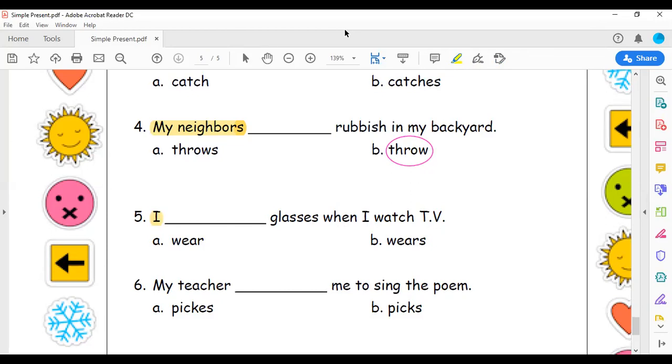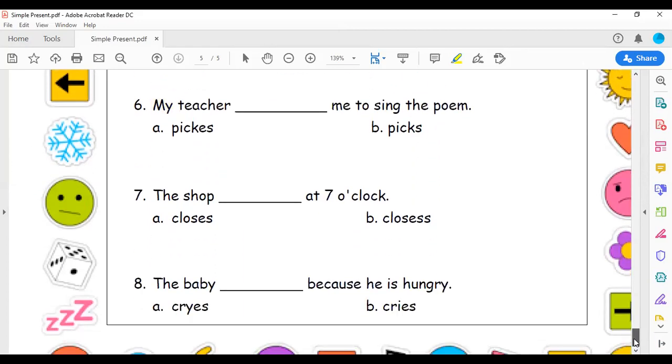Good job, smart students. So wear. I wear glasses when I watch TV. Okay, this is it. Done. Now you have 6, 7, and 8 as homework.